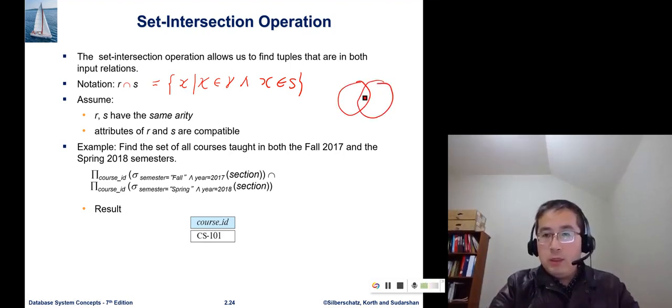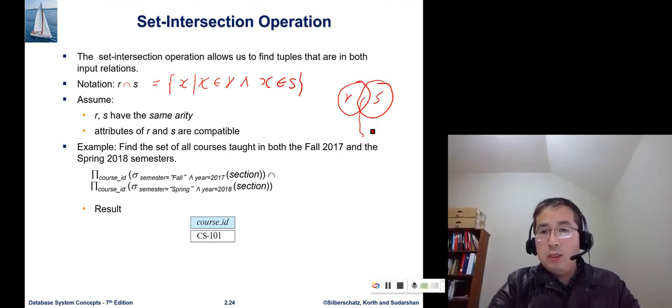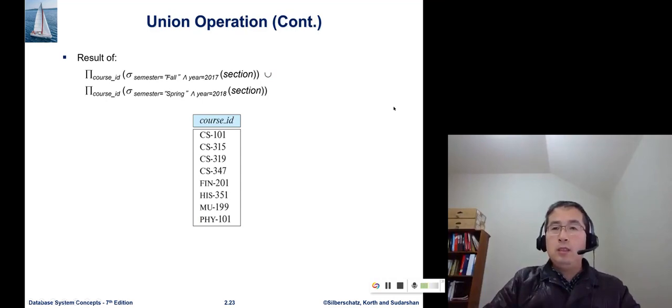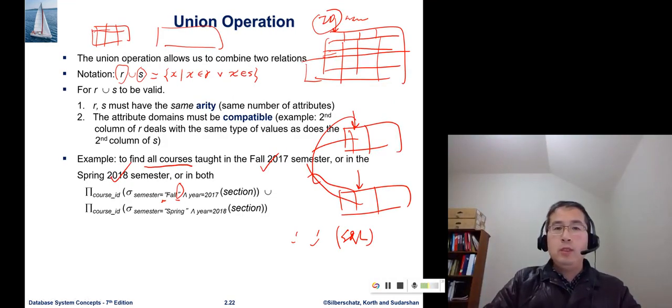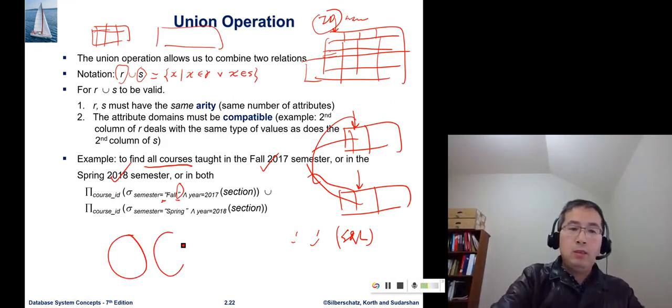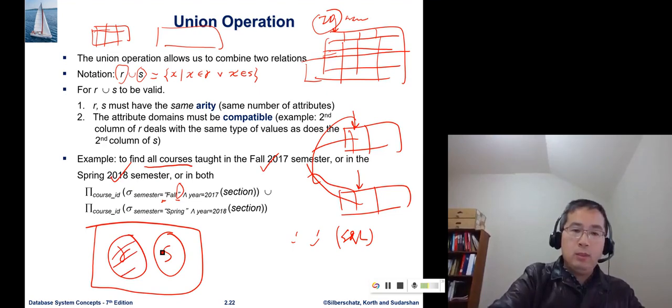This is R, this is S. This is R intersect S. So that's both R and S.